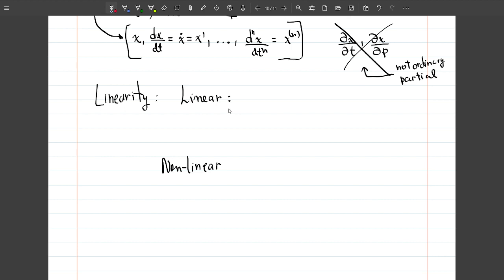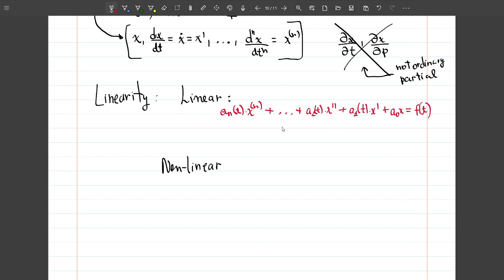A simple approach is to say that linear equations have the form a_n(t) times the nth derivative of x, plus, all the way to a_2(t) times the second derivative, plus a_1(t) times the first derivative, plus a_0(t), which only multiplies the function x, equals f(t).